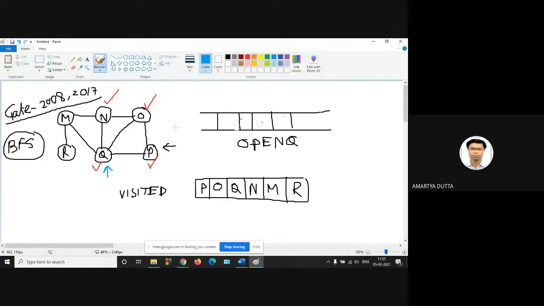Instead of P, Q is the starting vertex. Now execute your breadth first search algorithm starting from Q.